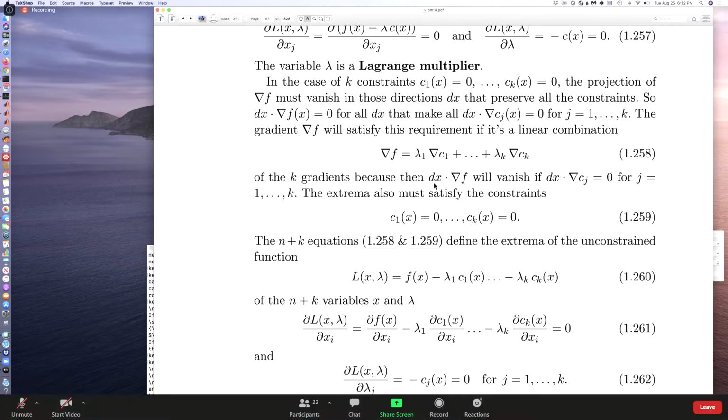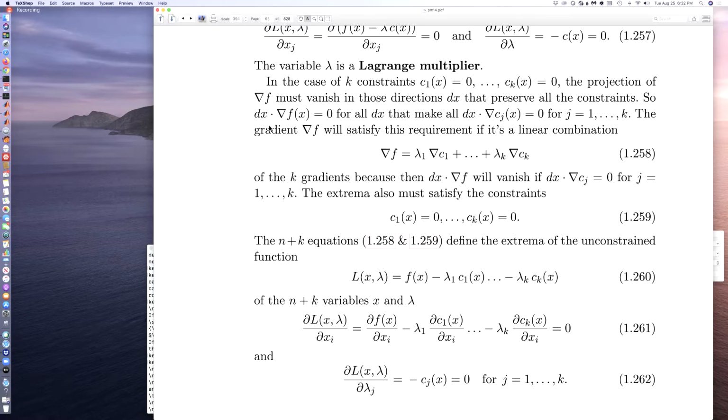Because then dx dot grad f will vanish if dx dot grad cj vanishes for all the j's from 1 to k. And the extrema must satisfy these constraints. And so we have n plus k equations.